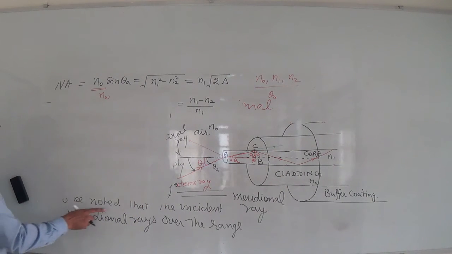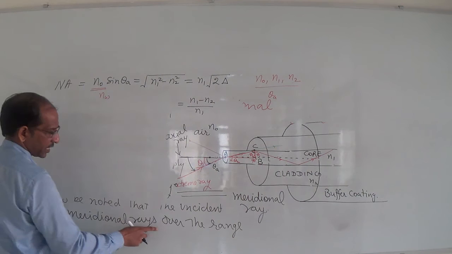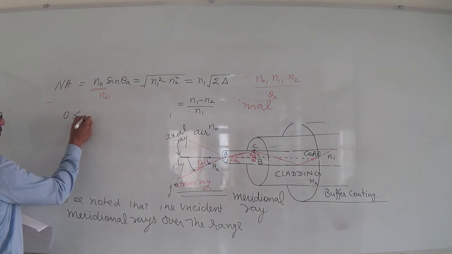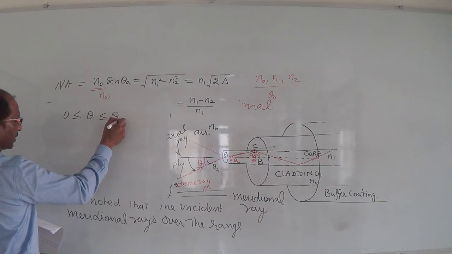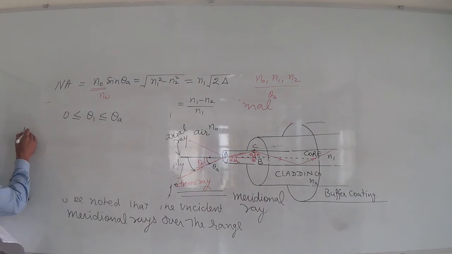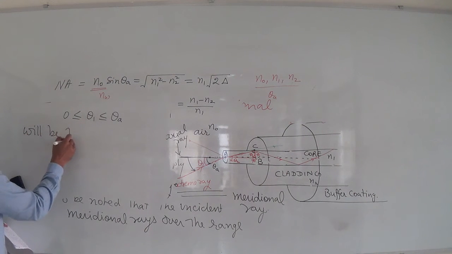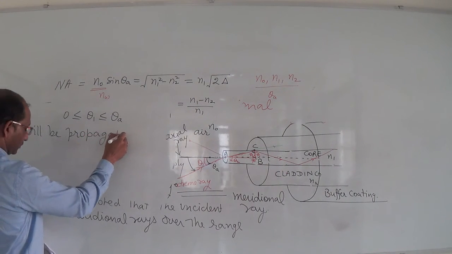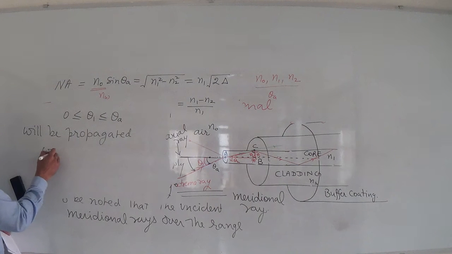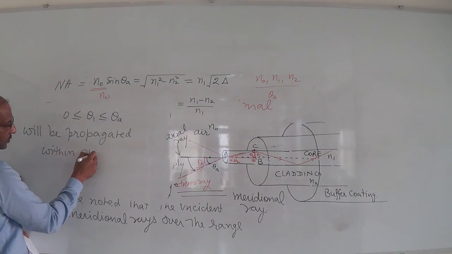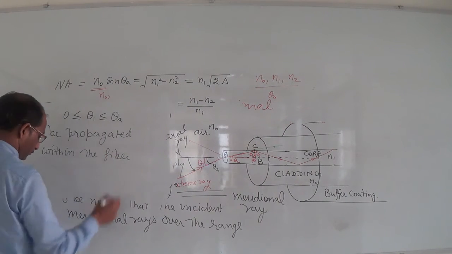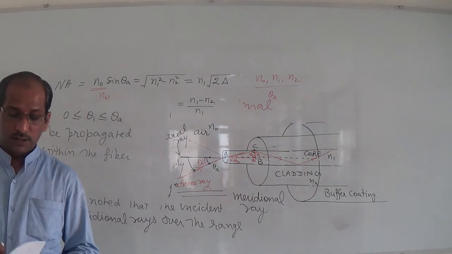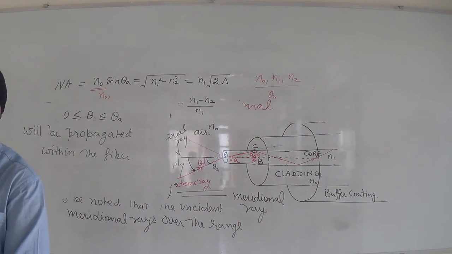So it may also be noted that the incident meridional ray over the range 0 to theta A will be propagated within the fiber. So this is the condition for which rays travel in the optical fiber.